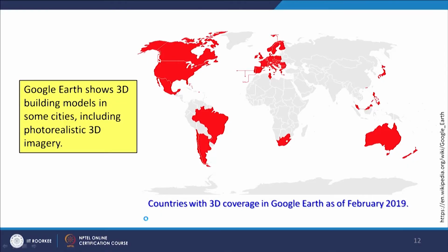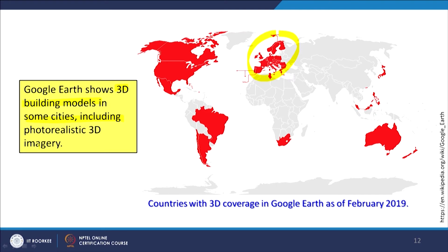Now the 3D buildings of many parts of the world are also included in Google Earth. As you can see, these red parts, the entire USA, Canada and Mexico, a lot of countries of South America, Australia and the entire Europe, have been covered, and 3D models of these cities' buildings are available, which is called photorealistic 3D imagery.